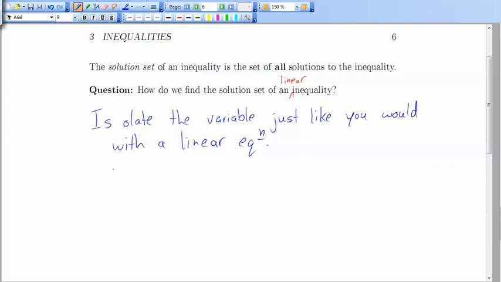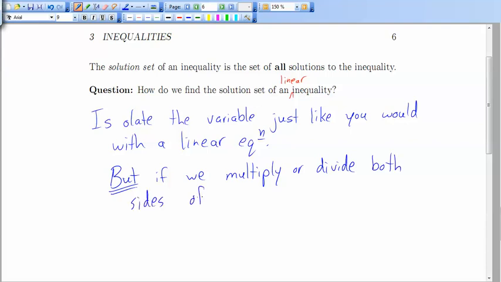If we multiply or divide both sides of our inequality by a negative number, a strictly negative number, then we have to change the direction of the sign. So this is a very important but. And this is true for multiplication or division. Okay?